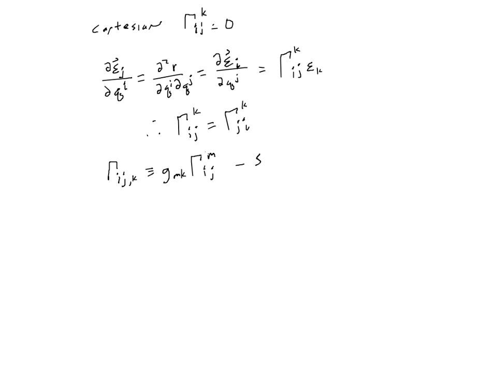And so this is called a Christoffel symbol of the first kind. Sorry, it should be 2 F's and 1 L. As opposed to these other ones, like this, these are Christoffel symbols of the second kind.